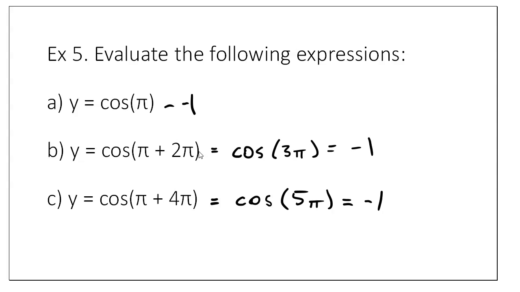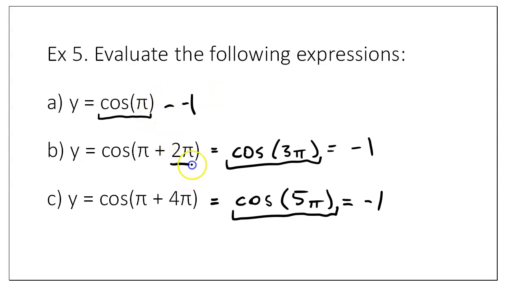And if you were confused on how to evaluate these, one thing that you can always do is use your calculator. You can type in cosine of pi, cosine of 3 pi, really cosine of any angle if you're confused on how exactly to evaluate it. And that'll get you an answer.